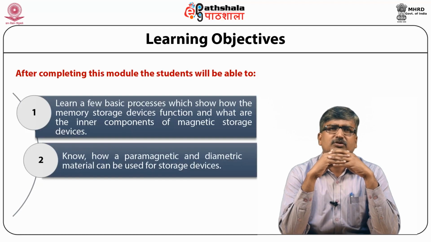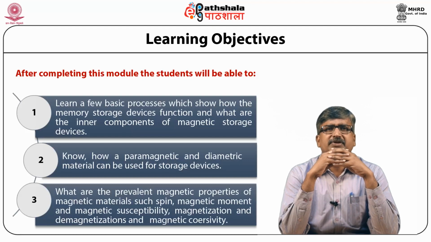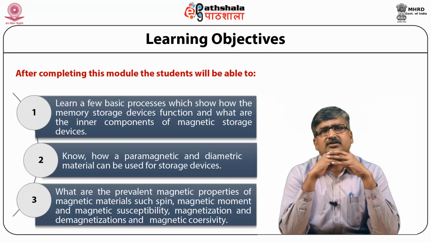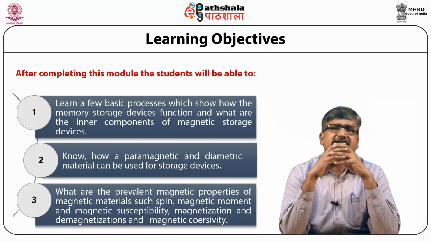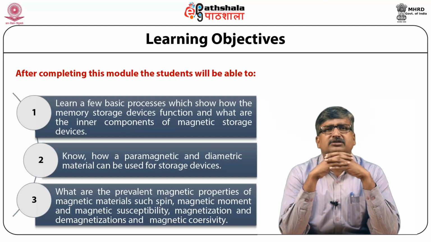We will also know how paramagnetic and diamagnetic materials can be used for storage devices. What are the prevalent magnetic properties of magnetic material, such as spin, magnetic moment, magnetic susceptibility, magnetization and demagnetization, and magnetic coercivity?